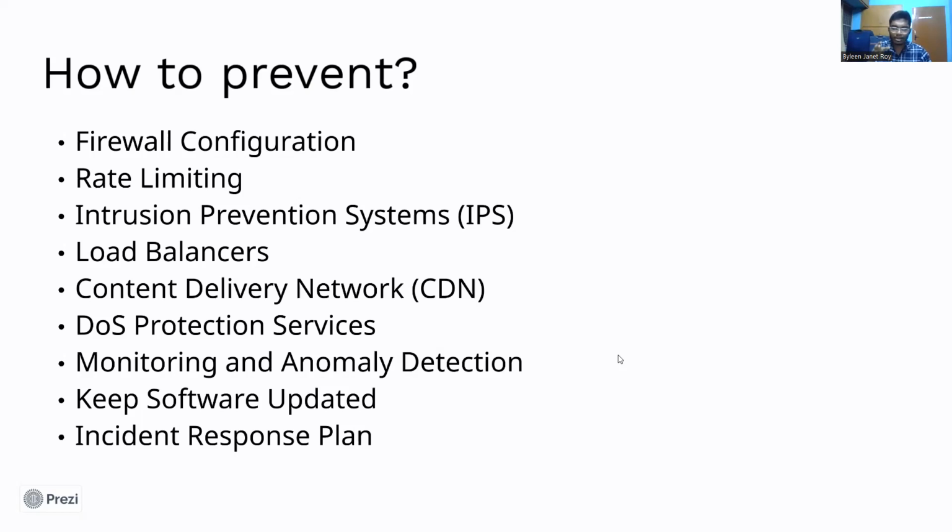And we should keep our system software updated so that the firewall inside it will be updated, so that we will not get attacked by malware or other things like this DOS attack or man in the middle attack and so on. And an incident response plan. These all can be used to prevent the DOS attack.